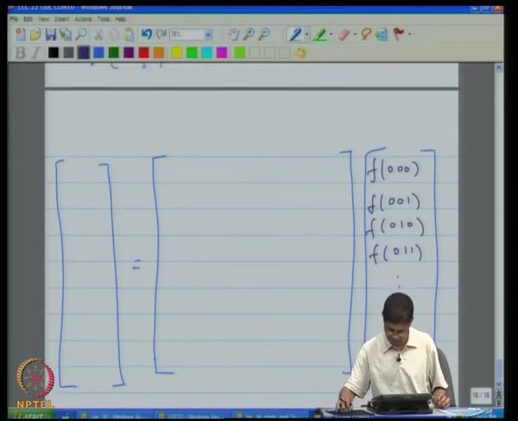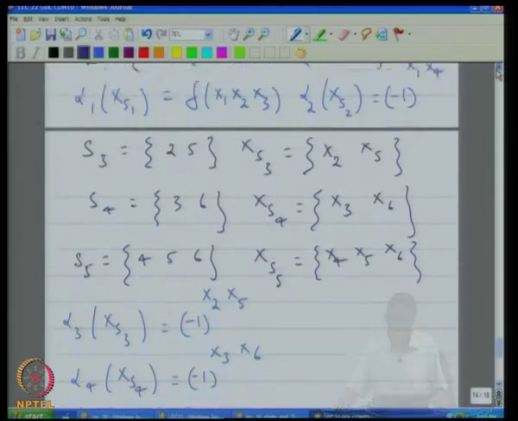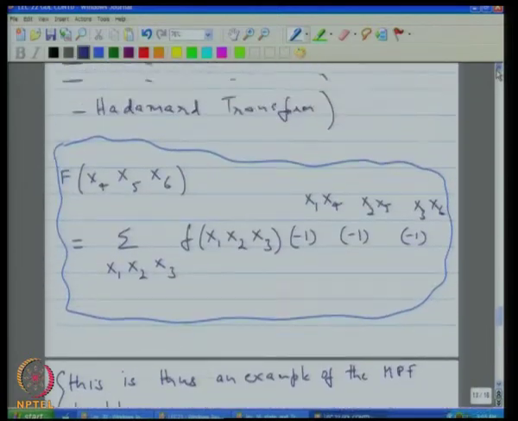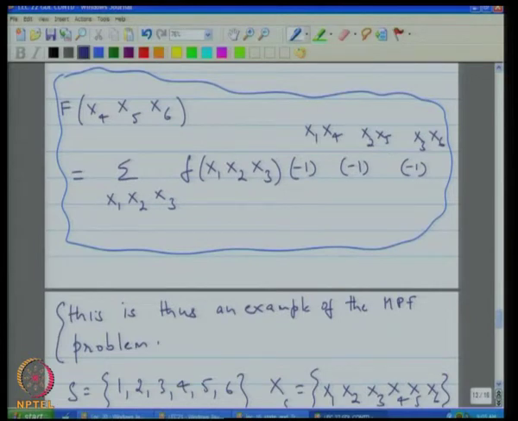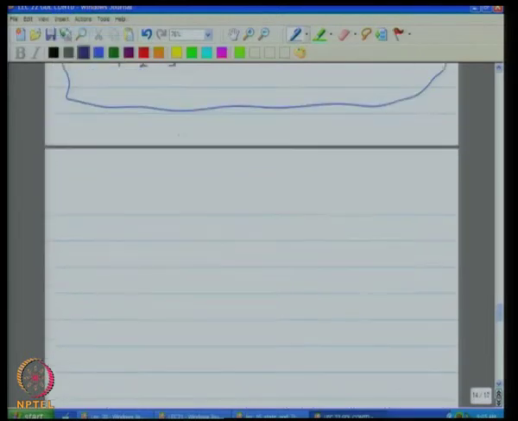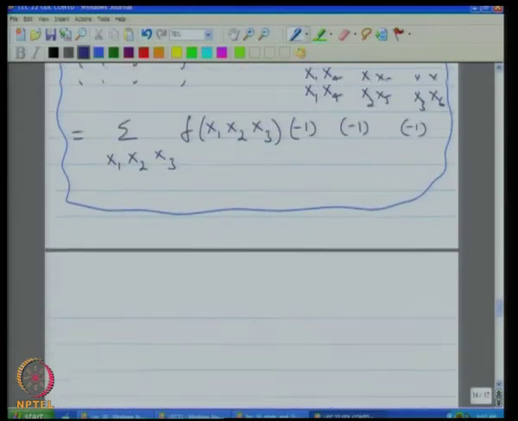And that reminds me that I forgot to tell you something that was important, namely the alphabets of the variables. Let us see if I can insert a page and fit that in here. Okay.